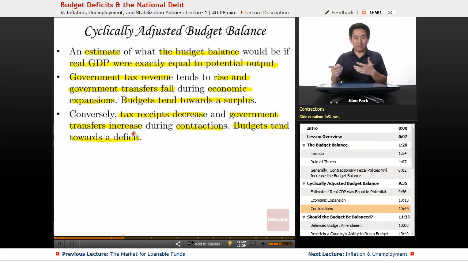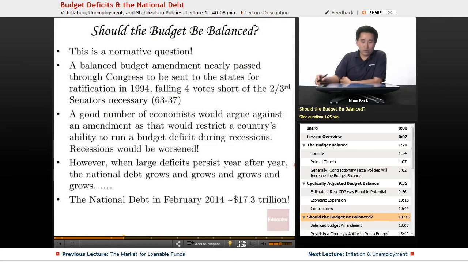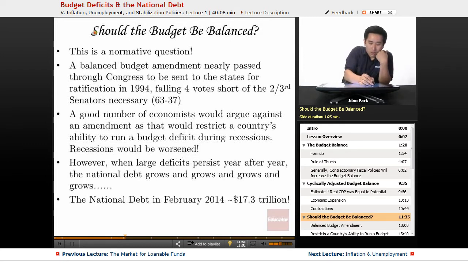And so this is the idea of looking holistically at the government budget balance. So here's the question. During recessionary times, is it the role of the government to actually step in and try to put in that extra stimulus, or is the goal of the government to balance the budget?